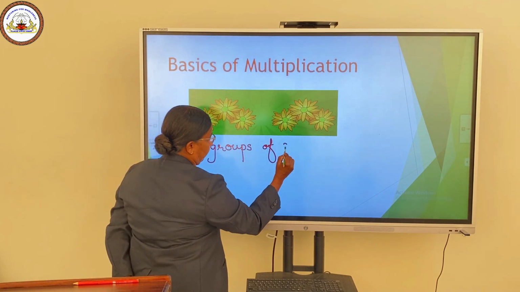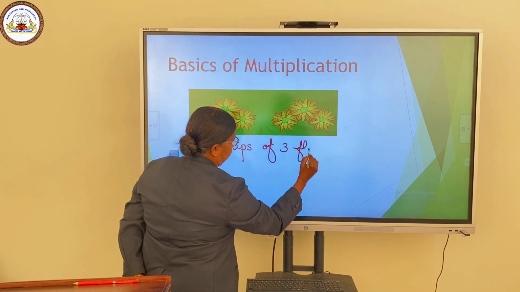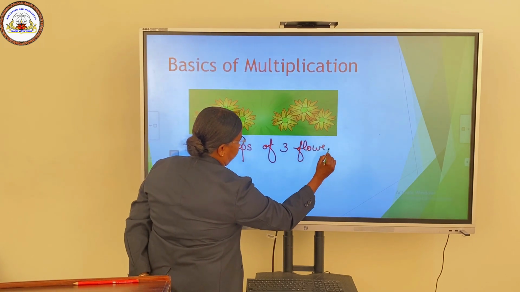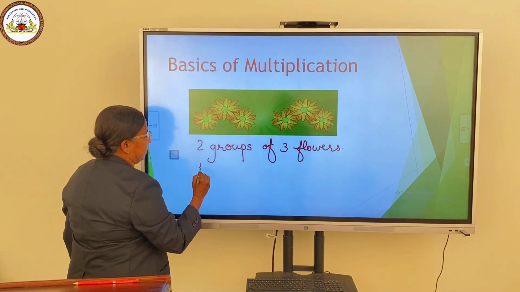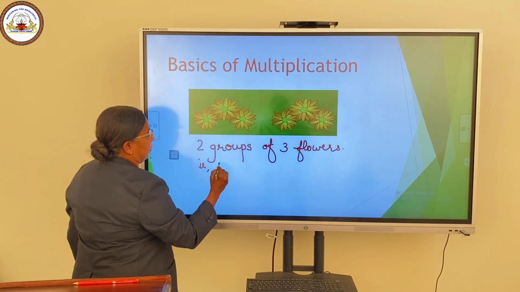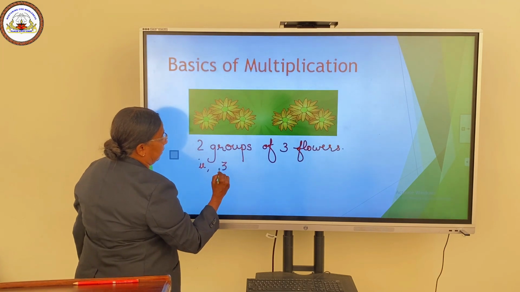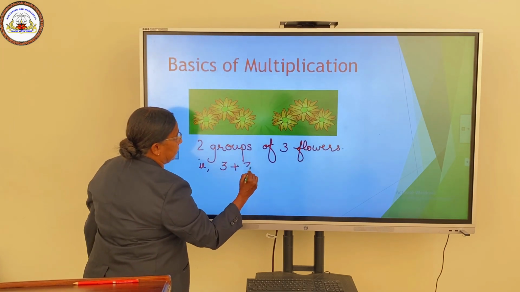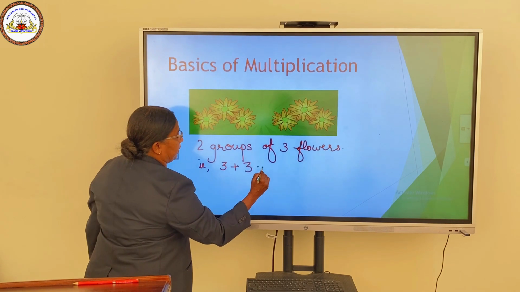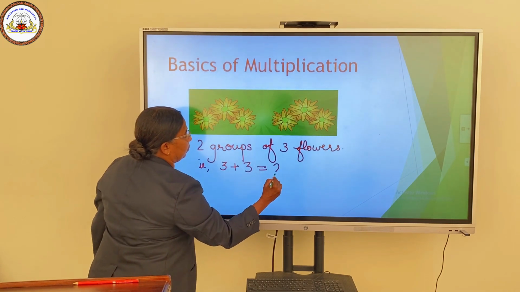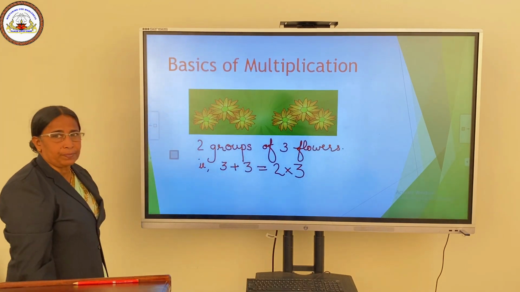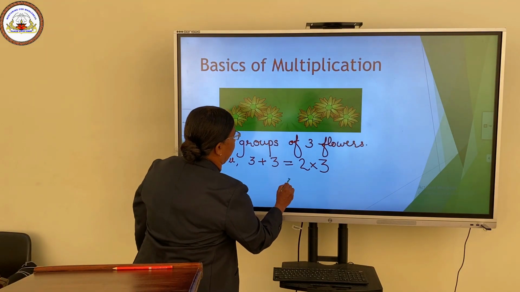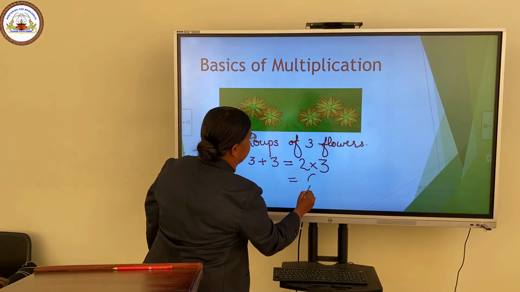Two groups of 3 flowers. That is 3 plus 3, which is equal to 2 into 3, which is equal to 6.